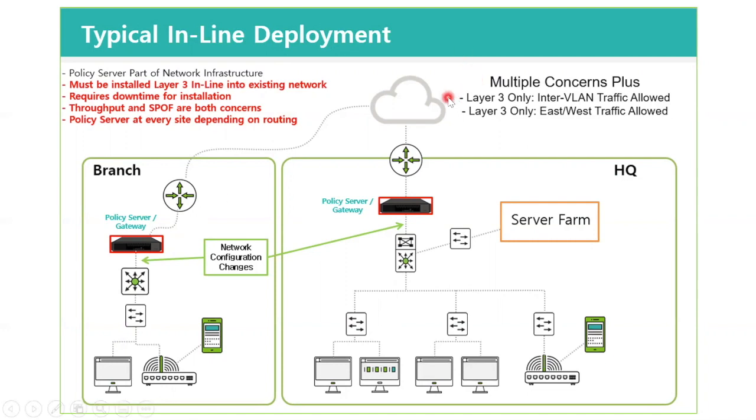And then on top of that, again, you're left with layer 3 enforcement. This is actually typically worse than the mirror from the standpoint that not only will east-west traffic not be blocked, but even inter-VLAN traffic also is not blocked. So devices on the same segment, devices on different VLANs, if they're south of the policy server or gateway on the network, basically are not subject to policy.